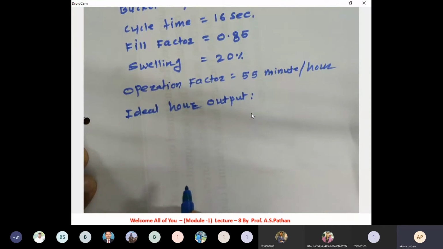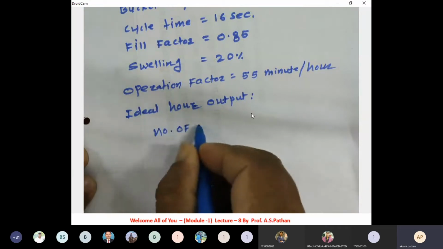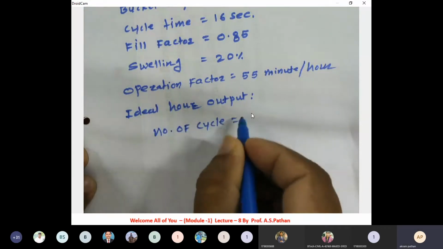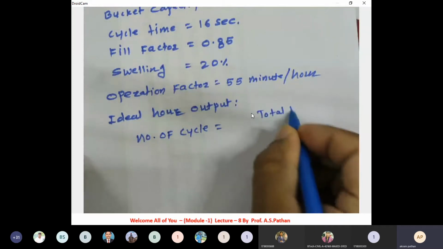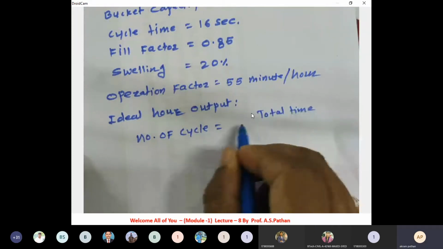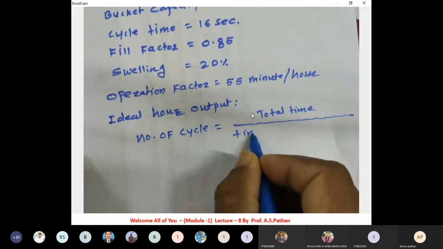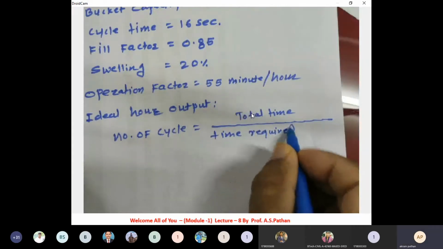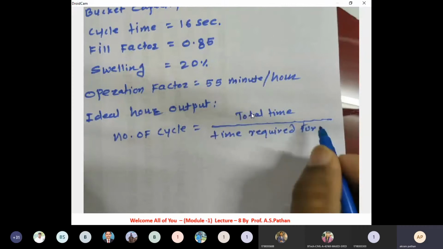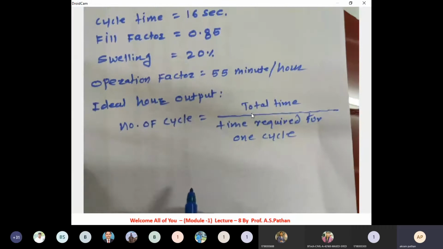First we have to write the number of cycles. So how will you calculate the number of cycles? Total time divided by the time required for one cycle.